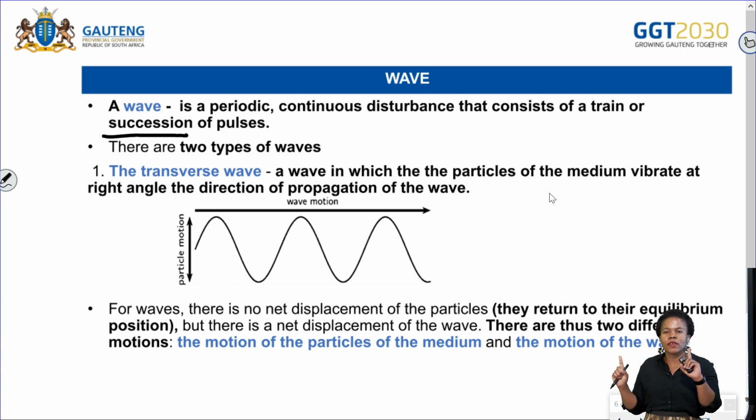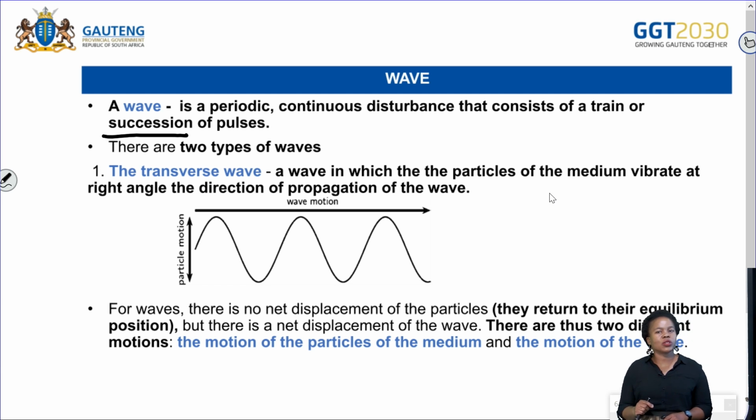A wave is a continuous disturbance. It consists of a train of successive pulses. A pulse is a single disturbance. Okay? In a transverse wave, whether you're talking about a pulse or a wave, it causes the particles of the medium to vibrate at right angle to the propagation of the wave.